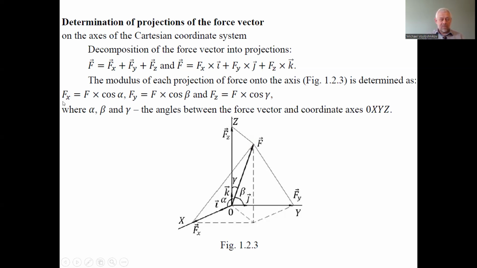So the projection of the force on the x-axis is equal to the magnitude F multiplied by cosine alpha. The magnitude of the projection of force F onto the y-axis we can consider as a product of the magnitude of force and cosine beta, and the projection of the force F on the z-axis we can find as the product of the magnitude of force F by cosine gamma.